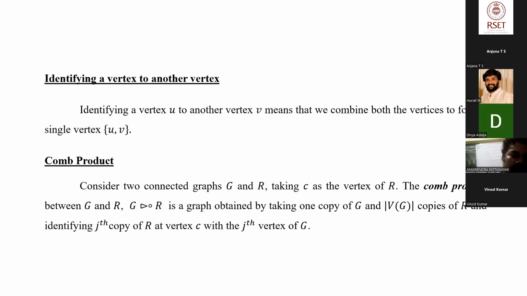If we consider two connected graphs G and R, and we take the vertex c from the graph R, the comb product of G and R is a graph obtained by taking one copy of the graph G and |V(G)| copies of the graph R, and identifying the jth copy of R at vertex c with the jth vertex of G.